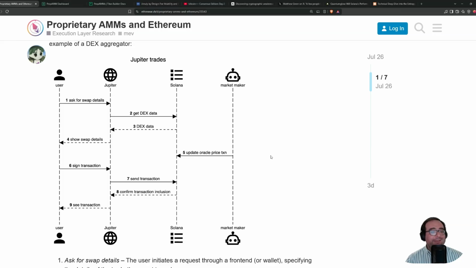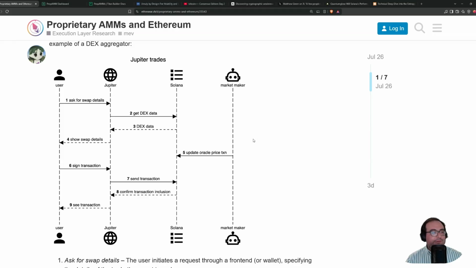The question is, can this work also on Ethereum? And there are different problems here that you can imagine. First of all, while in Solana the blocks are continuously streamed through shreds, and you can update the prices and react to the information that you receive while you receive shreds, block building is continuous in a sense.